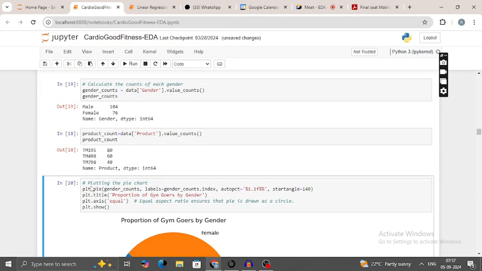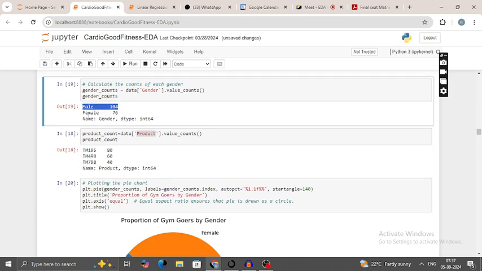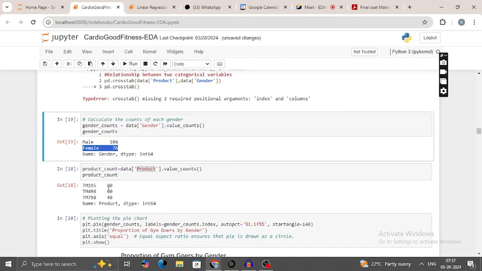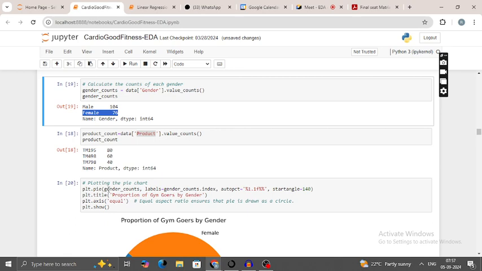See how many products in this product. TM195 there are 80 products, TM498 there are 60 products, TM798 there are 40 products. So you should know, in this survey, out of 180, 104 of them are male, 76 of them are female. So like this, you can use this.